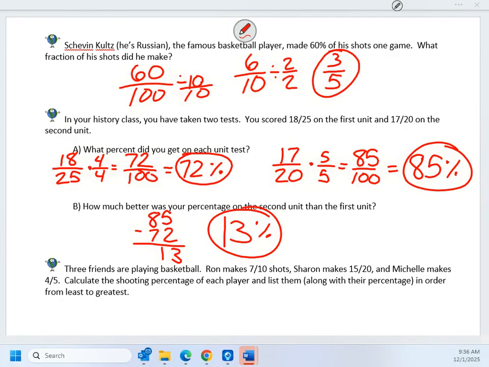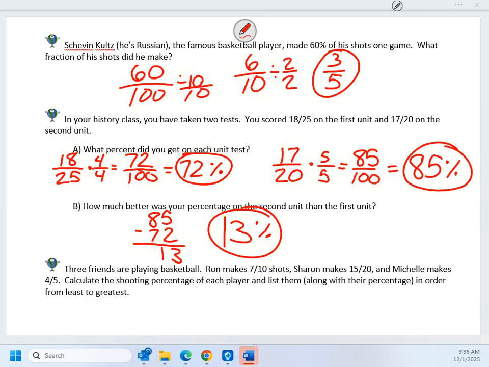This objective is working on percents and fractions. Remember, we have to give our fraction as our answer, simplify it. If we're giving percents as an answer, make sure you found that 100 for your denominator, and whatever you multiply the bottom by to get 100, you multiply the top by.